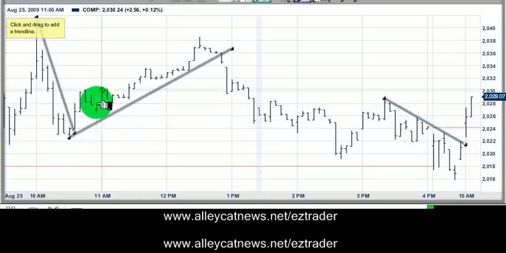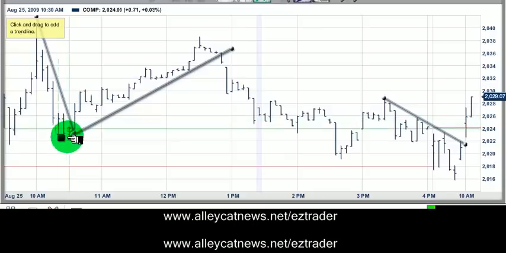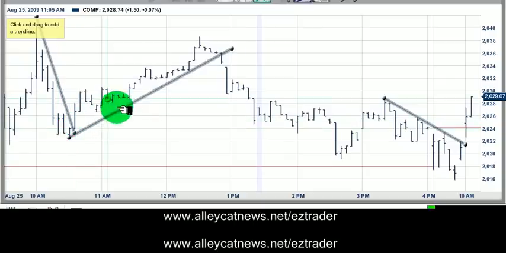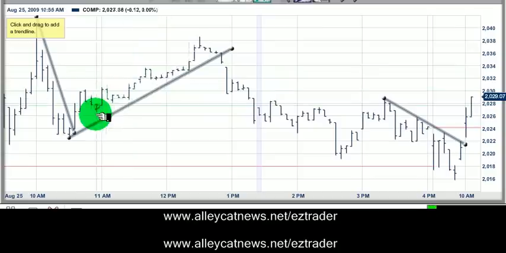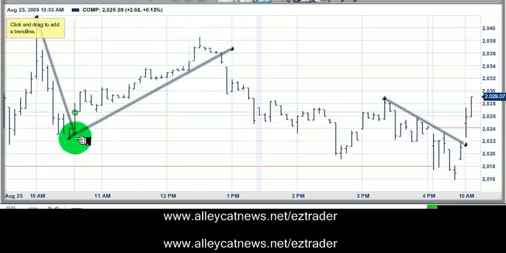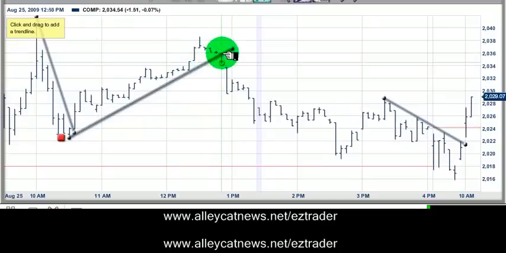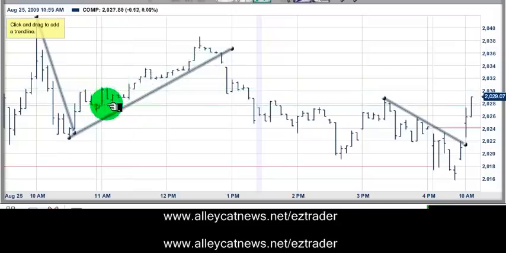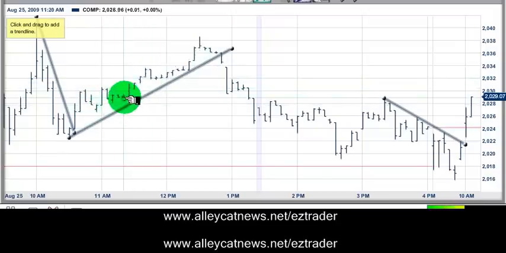This next trend line you see here is from the lows just before it broke that trend, drawn in along these lows. As you can see, it came up nicely over the next few hours. This is a little longer trend from about 10:30 to just about 1 o'clock, and it bounced off there a couple times.